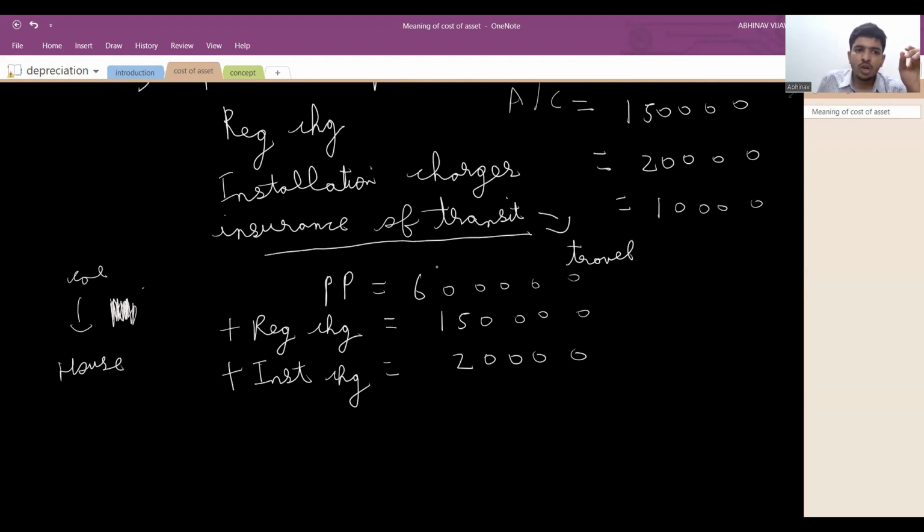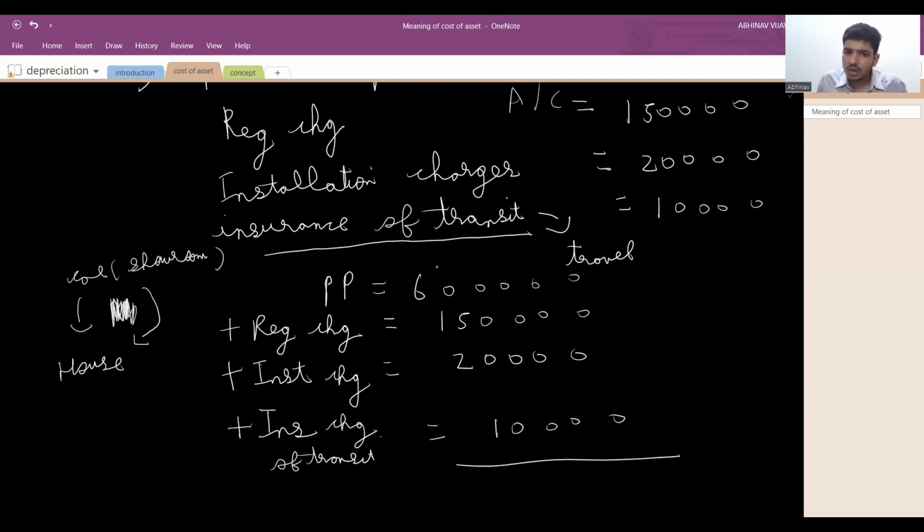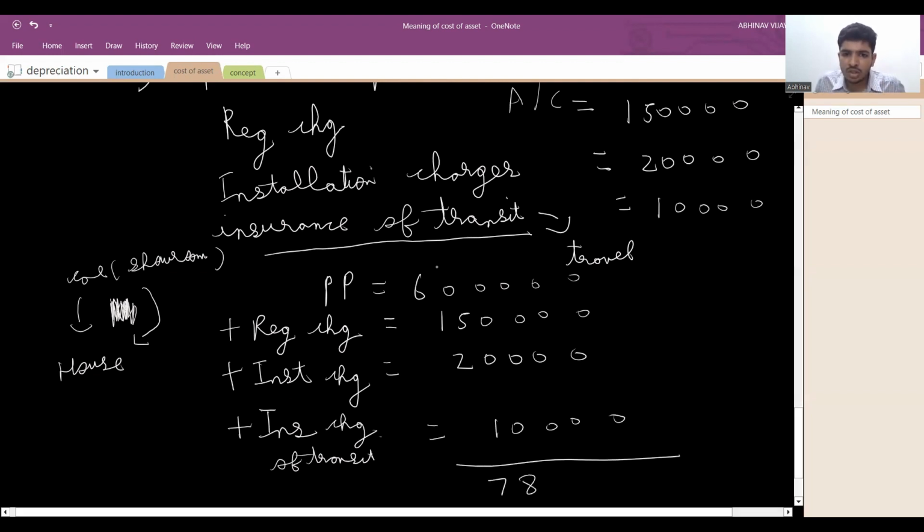It is to ensure the safe travel of the car from the showroom to your house where the car will be used. So this insurance is also a one-time payment. It is paid before you bring it to the place of use. So insurance charges of transit will also be added to the cost of the asset. Correct? So here it's 7 lakh 50,000, 7 lakh 70,000, 7 lakh 80,000.